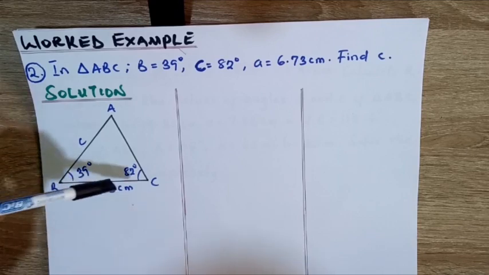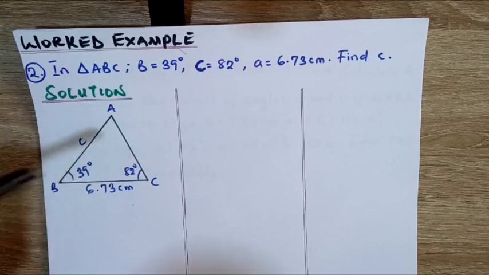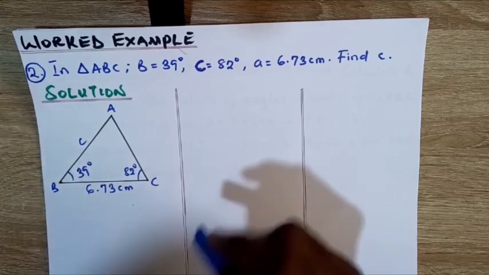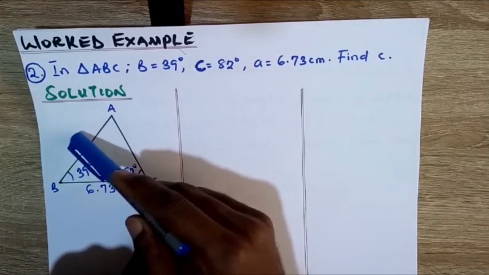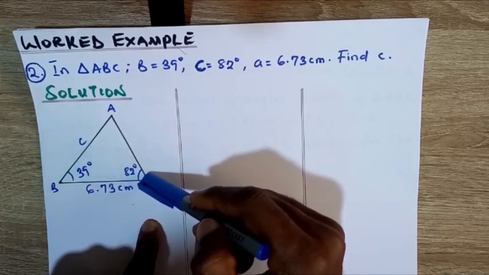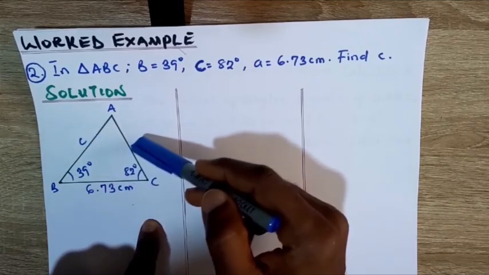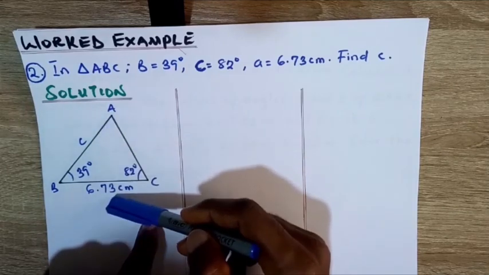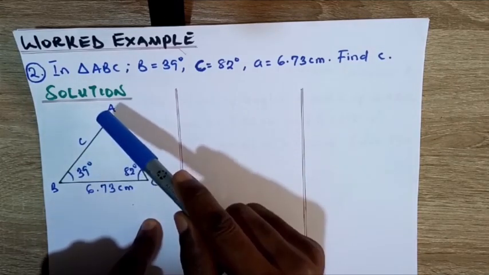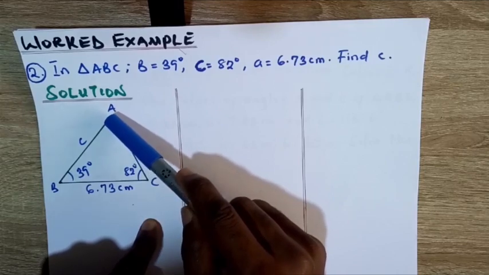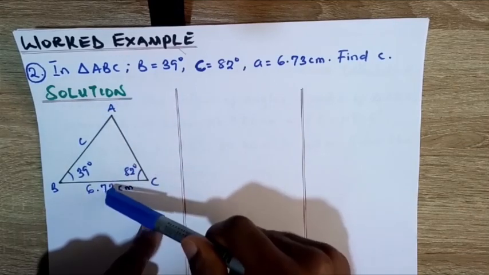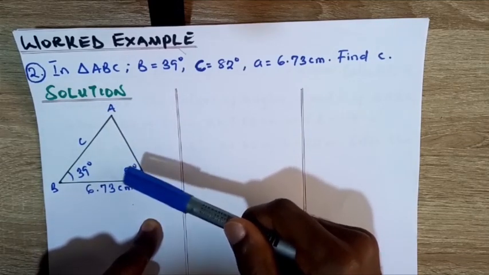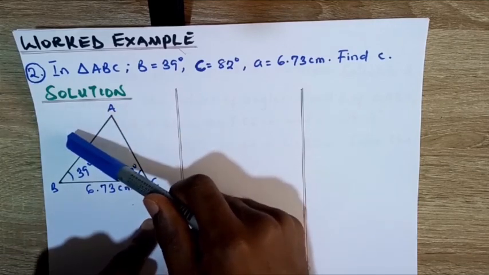And the two angles here are 82 degrees, that's the angle at C, and 39 degrees, which is the angle at B. But there is no way we can find side c without another angle or another side. So since we have side a, it would be a great deal to calculate the angle at A, so we can now use the sine rule to relate the angle at A with side a, and the angle at C with side c.